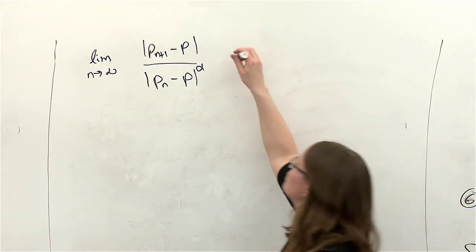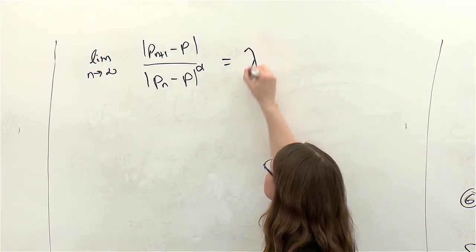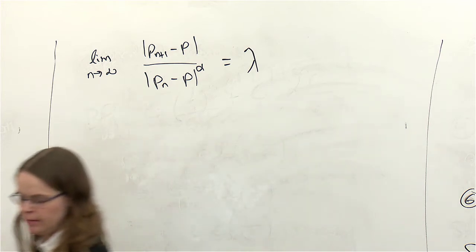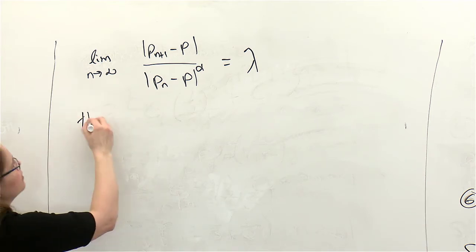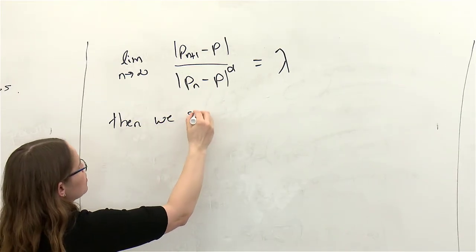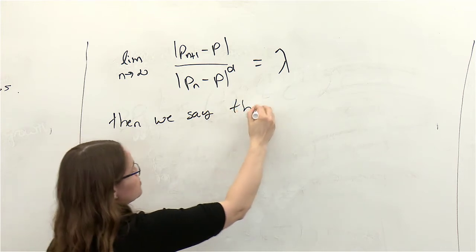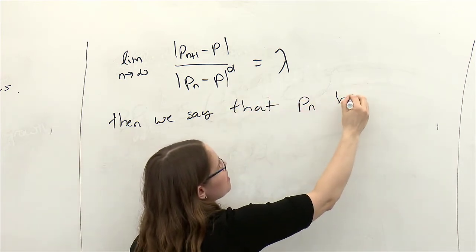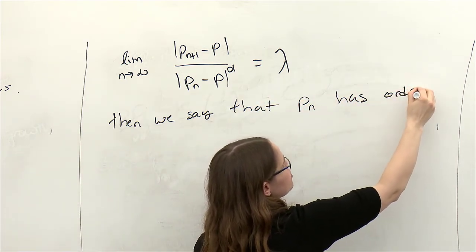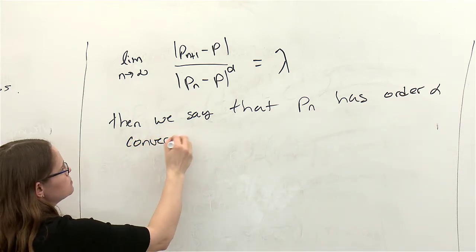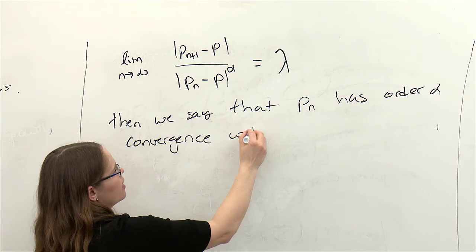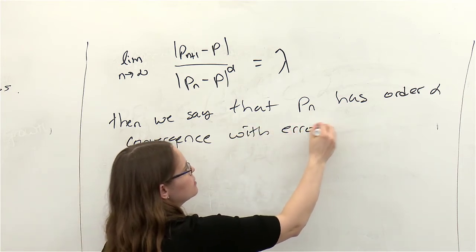And we're going to say this limit is equal to some number, lambda. Then we say that Pn has order alpha convergence, with error constant lambda.